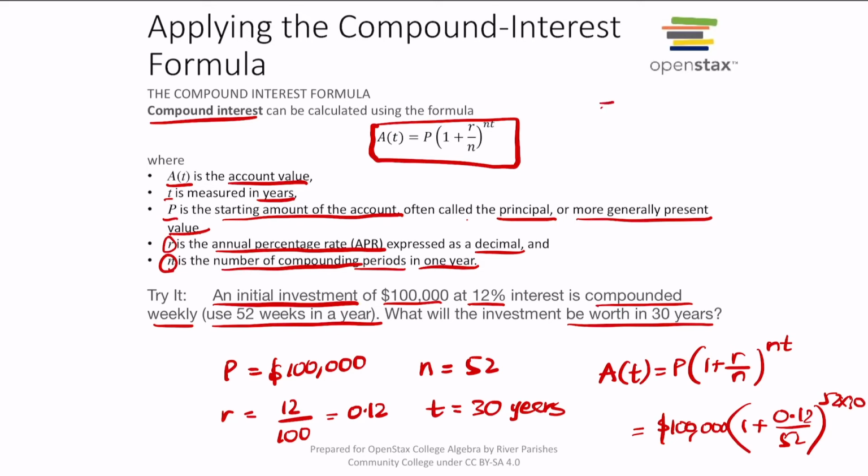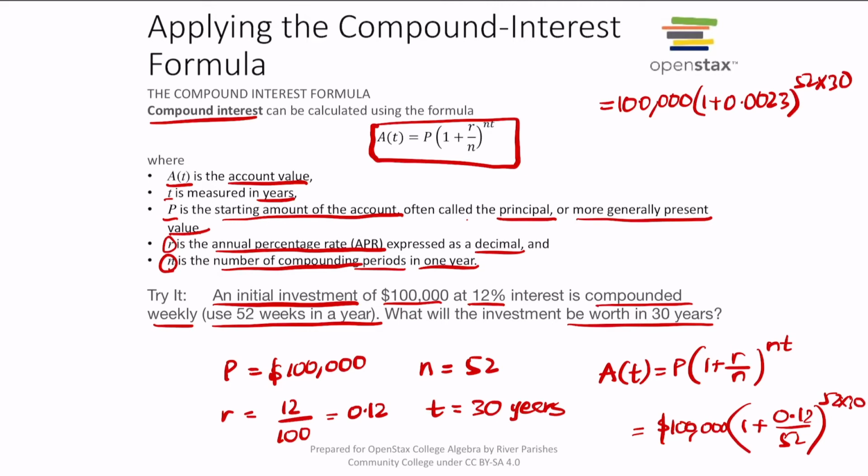That value becomes 0.0023. So $100,000 times (1 + 0.0023) to the power 52 times 30.